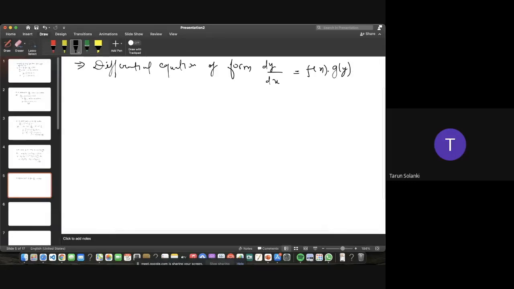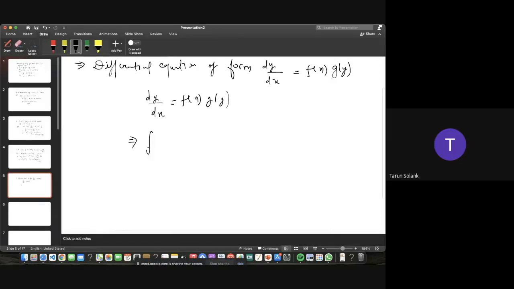To solve this type of differential equation, we integrate both sides to obtain the general solution, as we are going to discuss now. So this can be dy by dx is equal to f(x) and g(y).